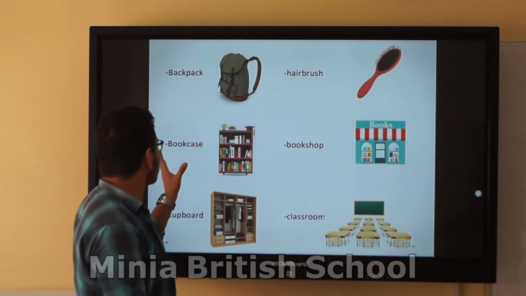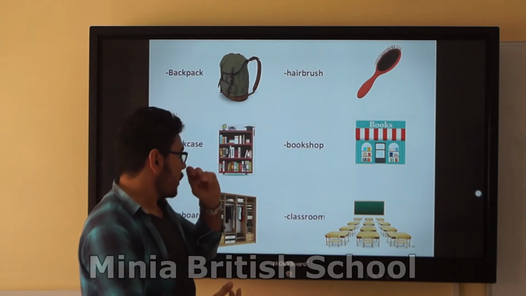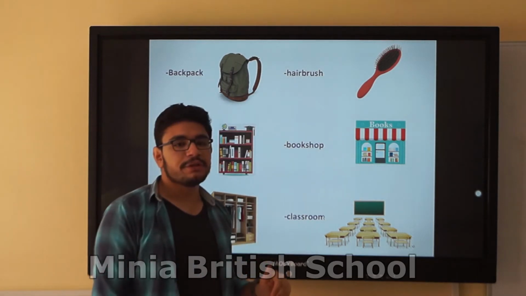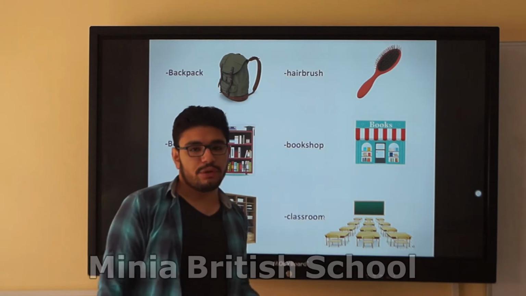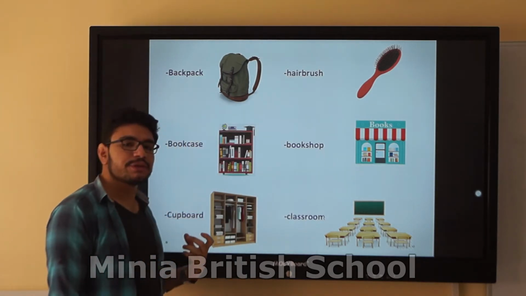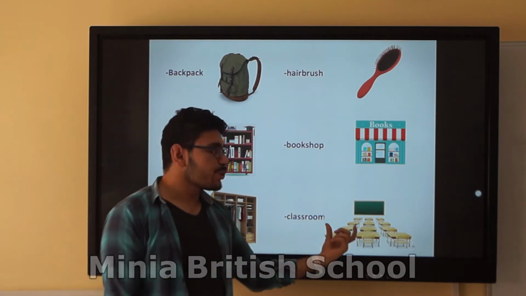So bookcase is like a library, a cupboard. Here we have book, it's a word, and shop. But bookshop is a compound word. Another compound word, cupboard. Cupboard, it's one word. Classroom.